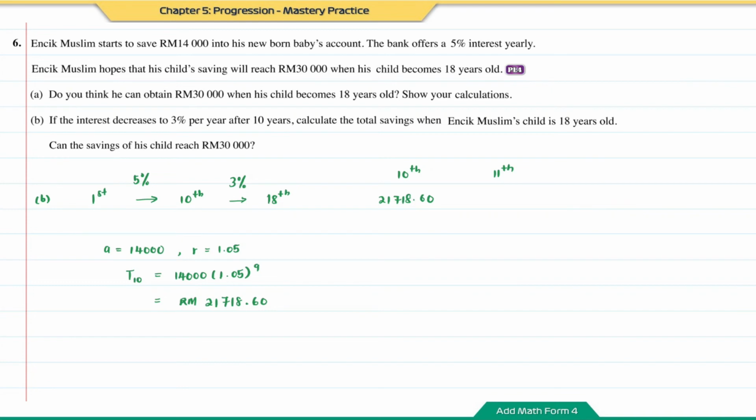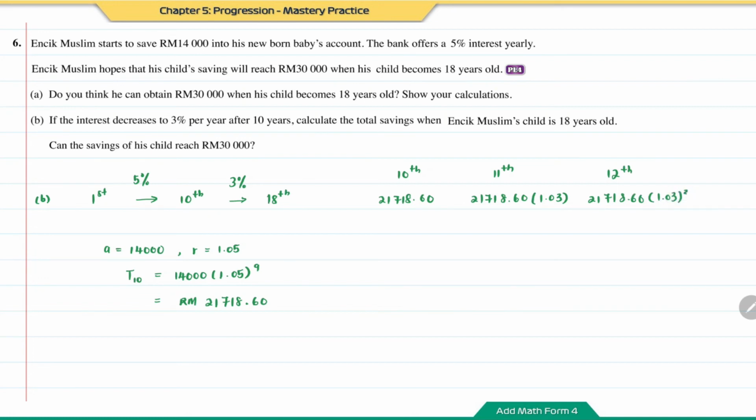Now, using the patterns that we learned in A, to calculate the amount of money in the 11th year, it's going to be 21,718.60 times 1.03. And in the 12th year, the amount of money will be 21,718.60 times 1.03 to the power of 2.